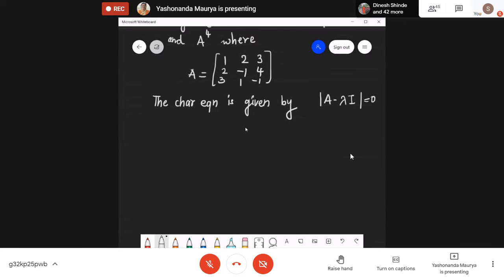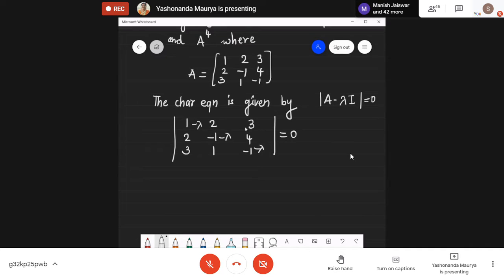Next, we write down what this is: the matrix [1, 2, 3; 2, -1, 1; 3, 4, -1] minus lambda I, determinant is equal to 0.